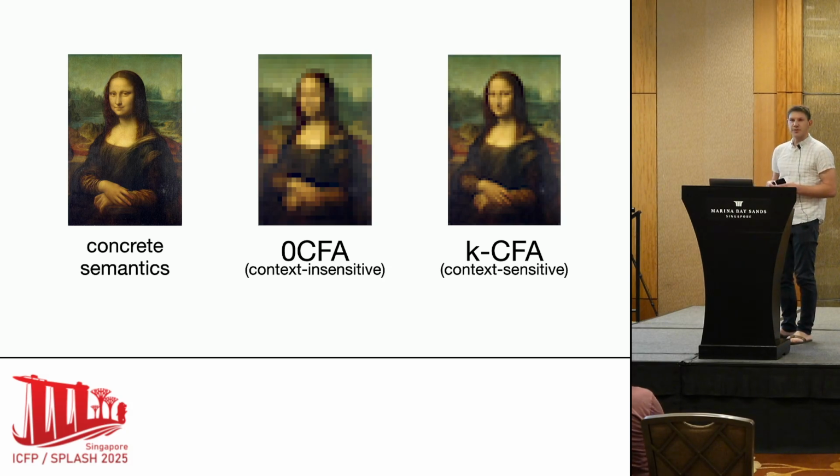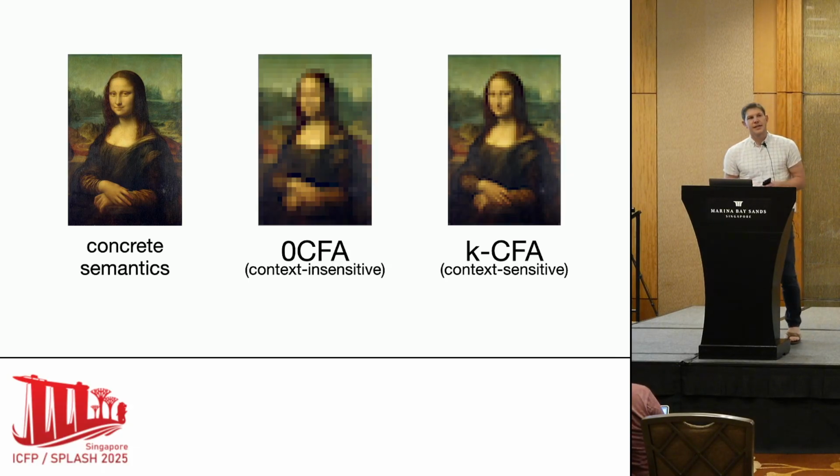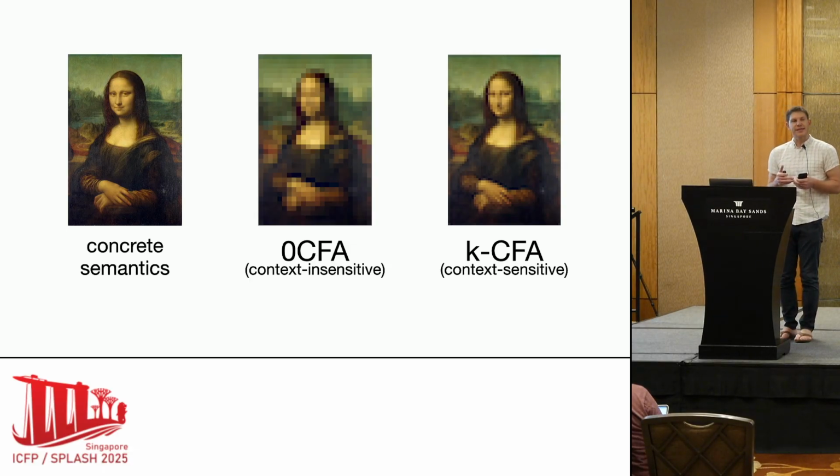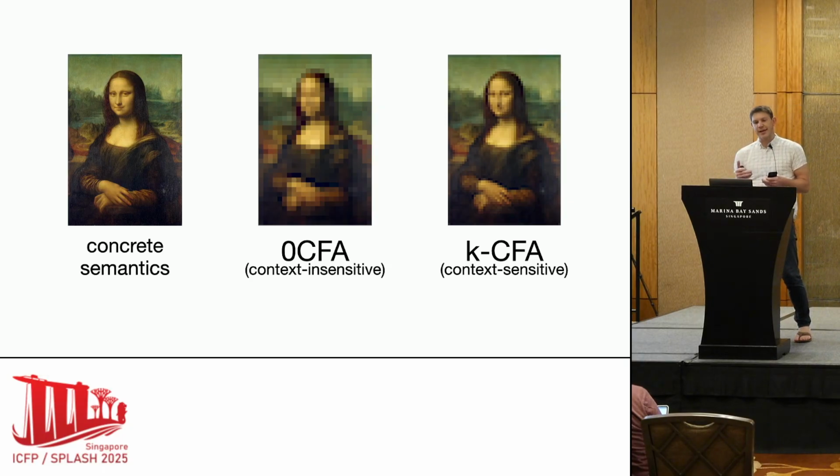But there are two problems with it. The first problem is that the abstracting abstract machines framework applies the finitization uniformly across the program. And when we add context sensitivity, we get the same finitization, but at a finer grain.